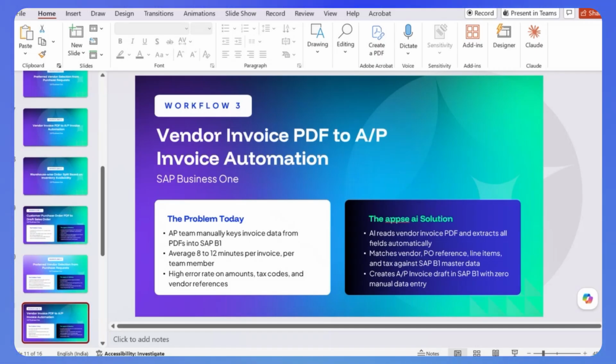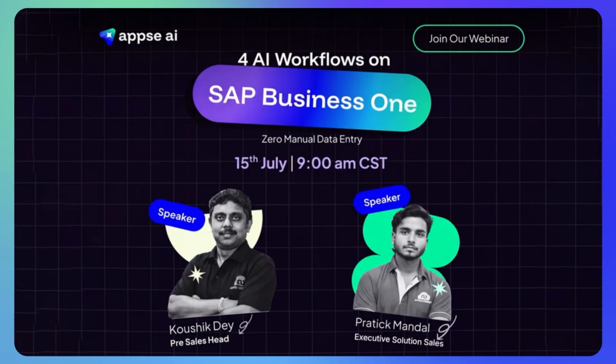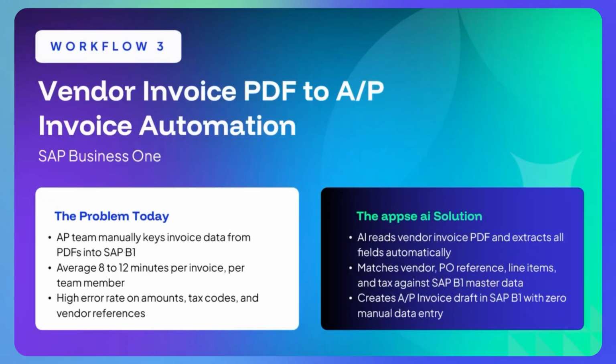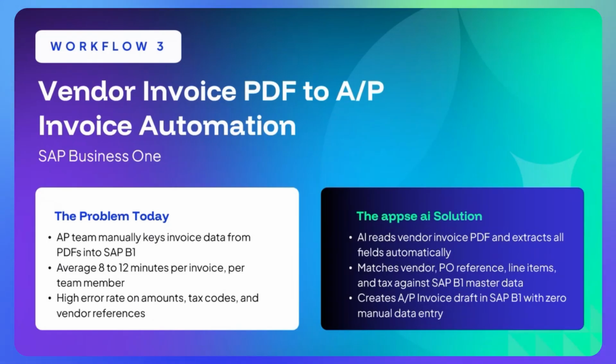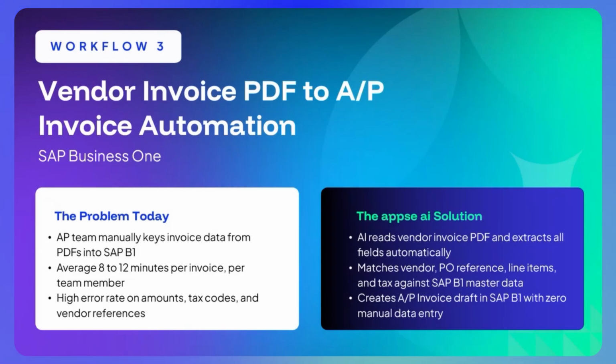And it is just like I said, on the invoice workflow, it usually took 8 to 12 minutes of manual typing per invoice per person, with real risk on amounts and tax codes. What you saw took under a minute with full extraction, match against the vendor, purchase order reference, line items, and tax, and then posted straight into SAP Business One. So, this is what we are essentially solving.